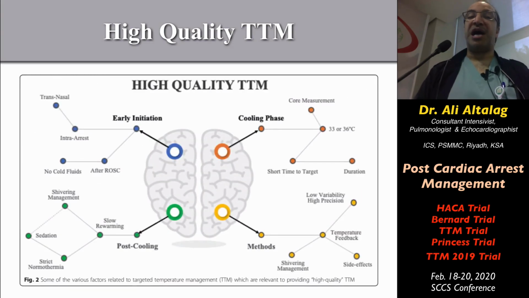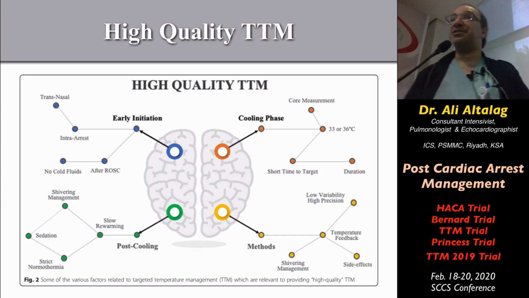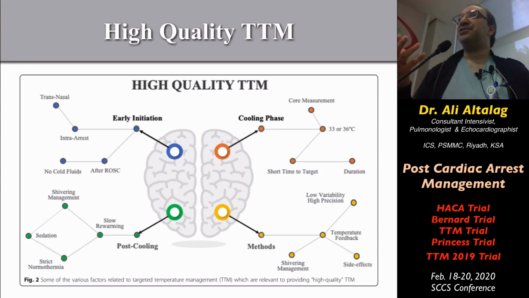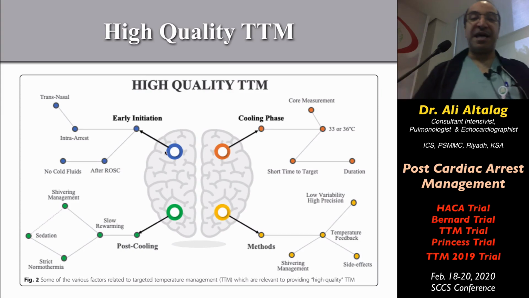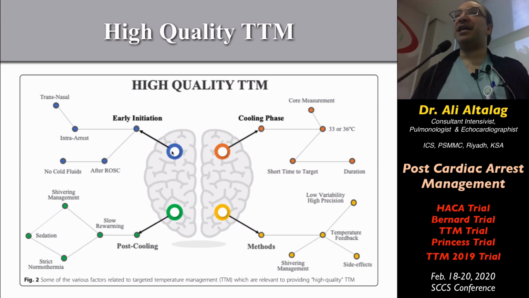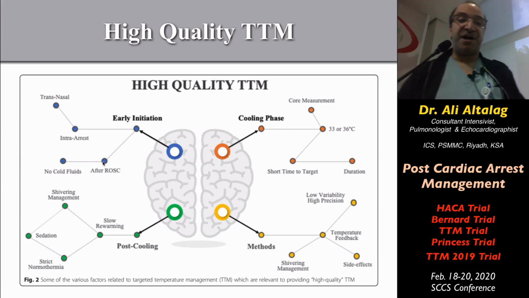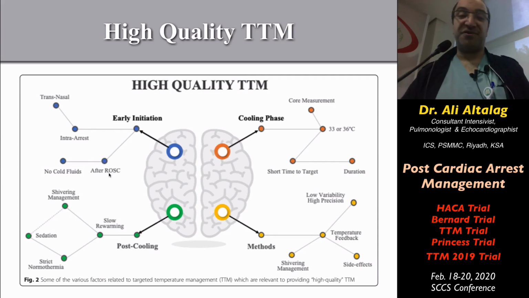This is a study that was published early this year. And it talks about high quality TTM. It is not actually a study, it is just some sort of proposal. They propose that based on the available data, we must initiate hypothermia as early as possible, intra-arrest if possible, transnasal if the device is there, not necessarily during CPR, but after return of spontaneous circulation.